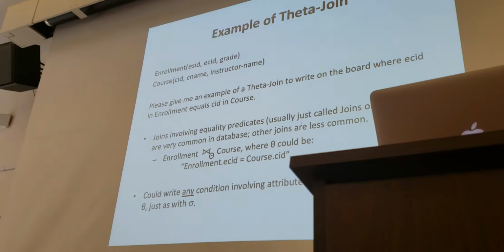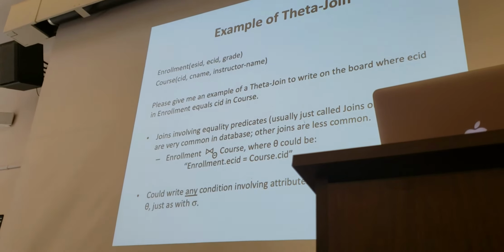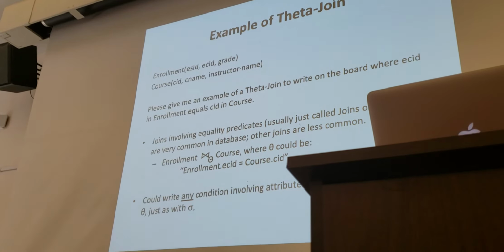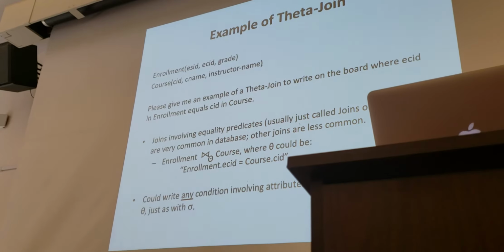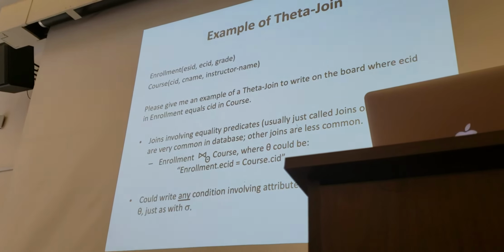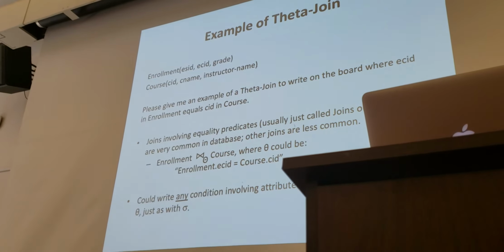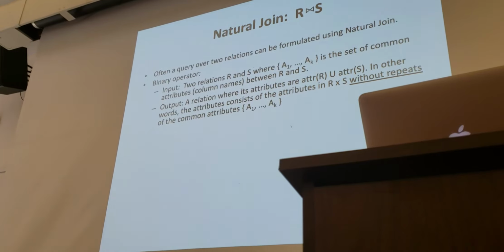It doesn't have to be a join predicate between enrollment and course. You can write any predicate inside the theta. So you could write something like grade greater than 3.0 or instructor name equals Finkelstein. And you could do that too. So it doesn't have to involve both of the tables involved. And of course, there could be more than 2 tables.